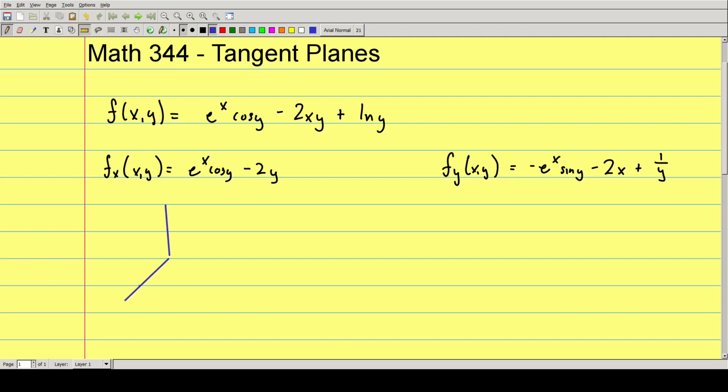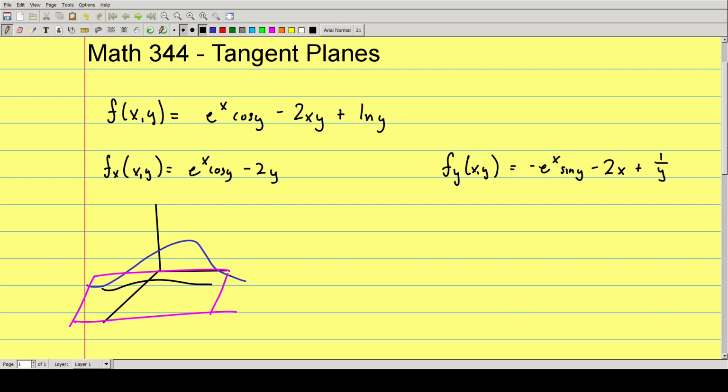So we have our little coordinate system here. We're going to have a poorly drawn surface. And the idea is that we have some cutting plane down here that cuts through the surface and gives me some curve.